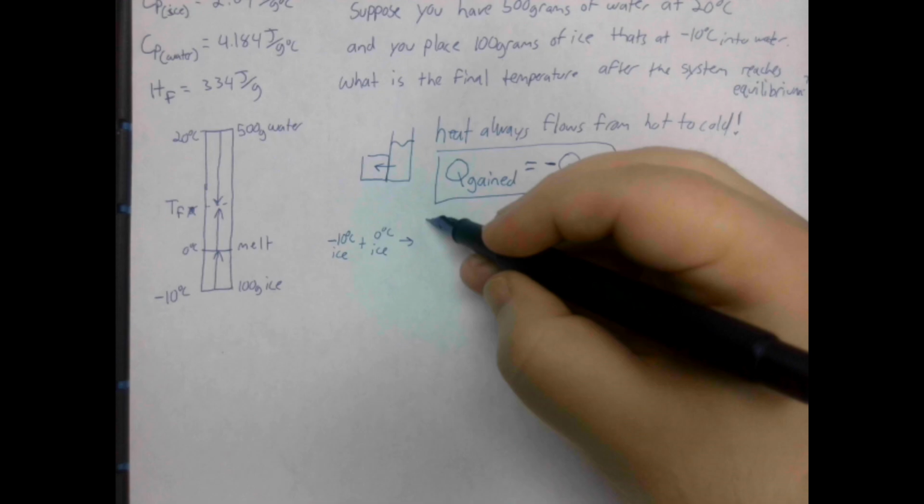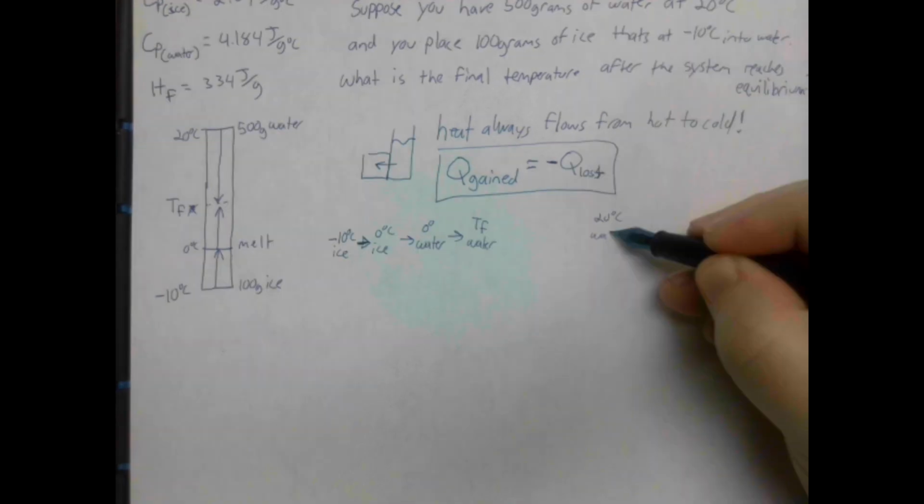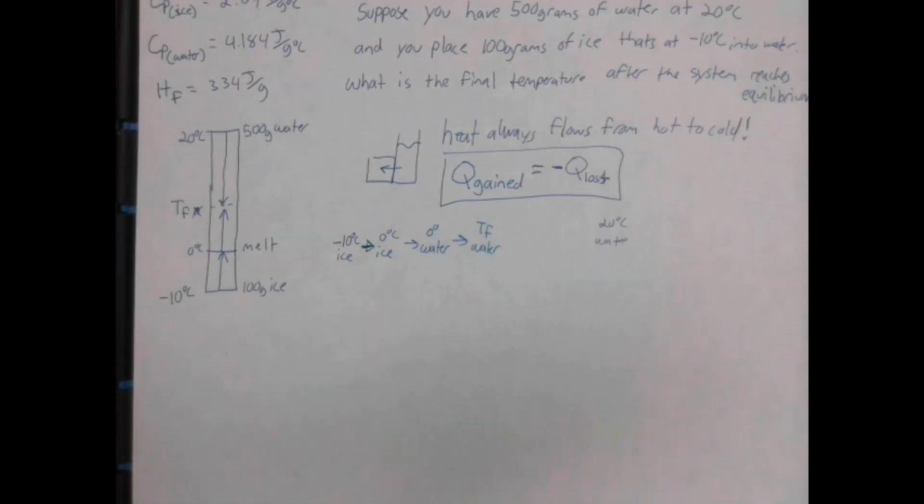On the right hand side of the equation, we're going from 20 degrees Celsius water to some final temperature.